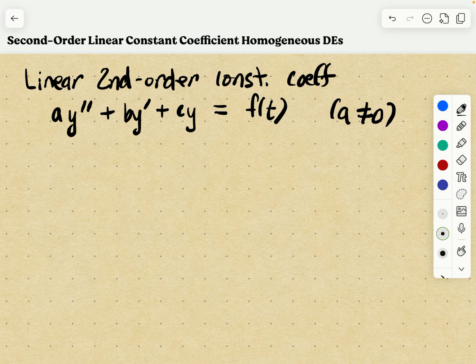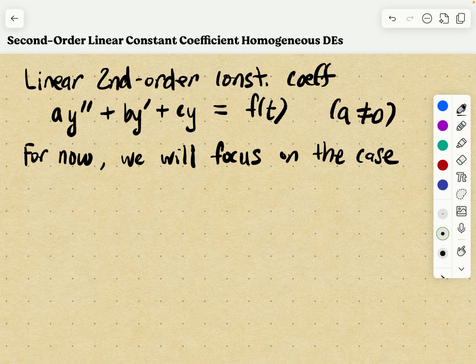And we'll talk about how to solve this for particular functions f of t. But for now, we will focus on the case when f of t is the zero function.